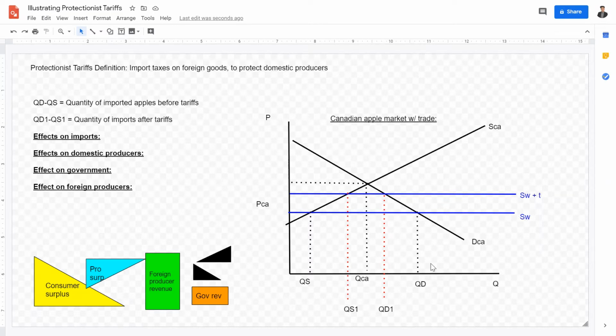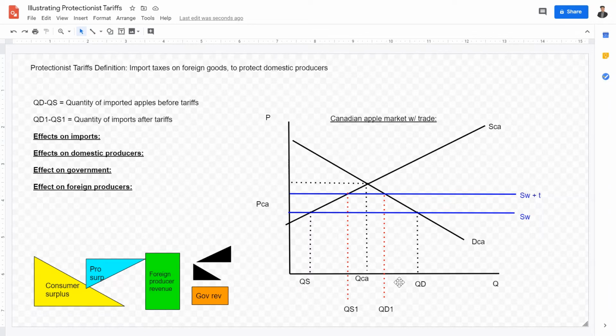In quick terms, this is Canadian domestic demand. This is Canadian domestic supply. However, with the world supply right here being a horizontal line, because world supply is perfectly elastic, the price of apples gets cut down from the free market equilibrium down to this point, and then the difference between quantity demanded and quantity supplied with the international market is actually the quantity of apples imported.